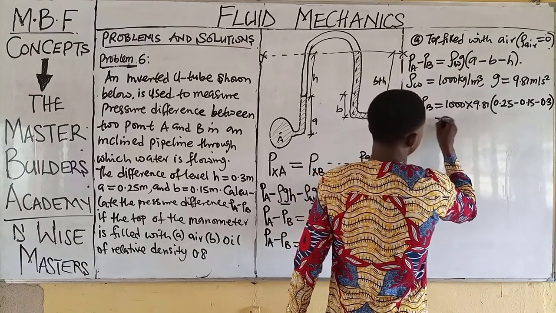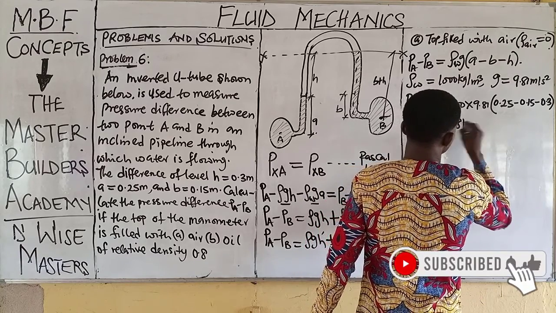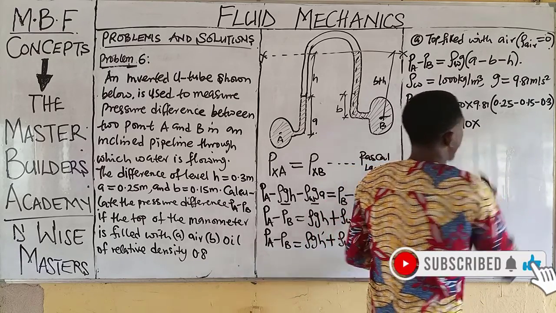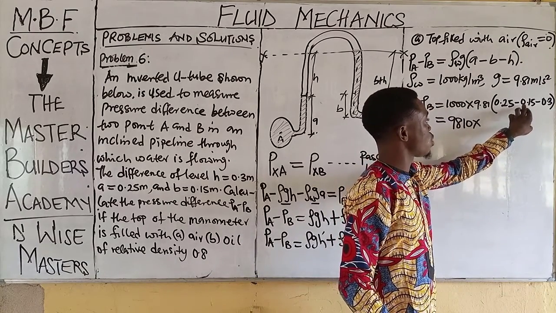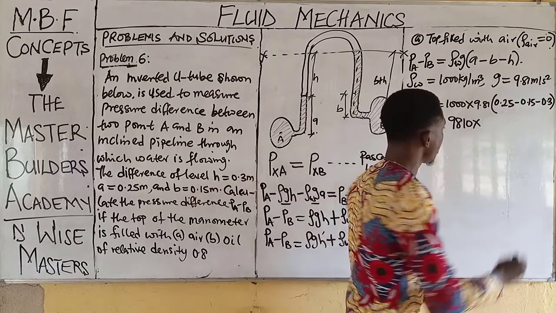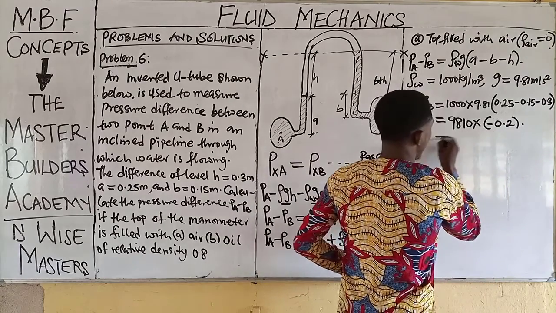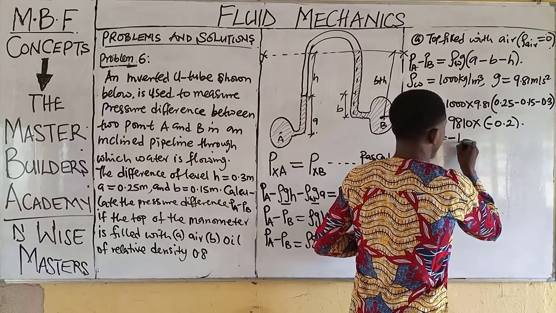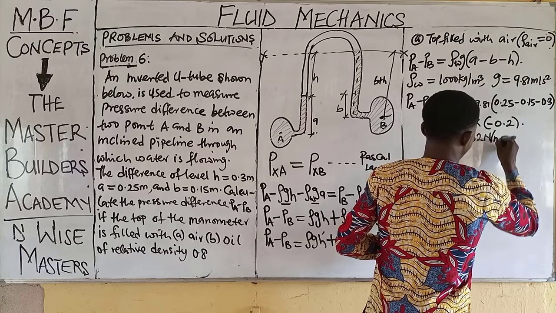Then when we simplify this, it will have given us 9810 multiplied by, then 0.25 minus 0.15 minus 0.3 would have given us negative 0.2. And when we multiply out, this will give us negative 1962 Newton per meter squared.